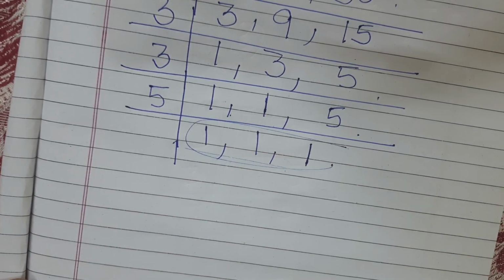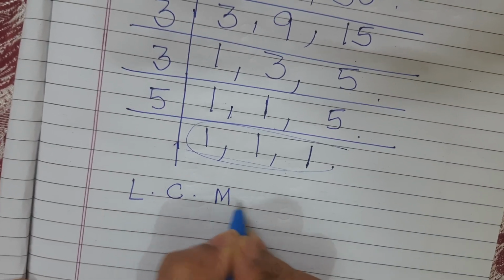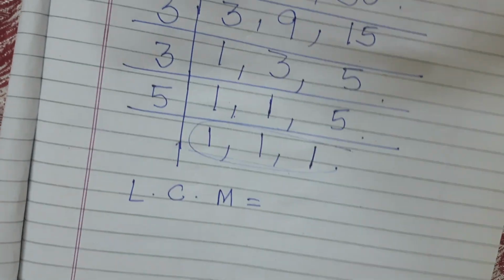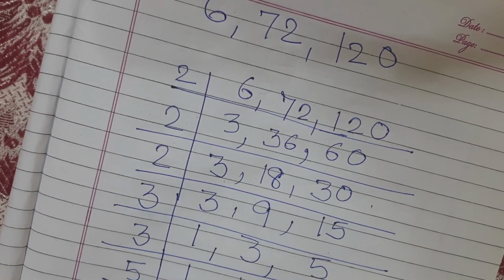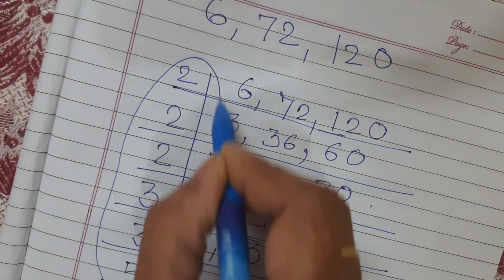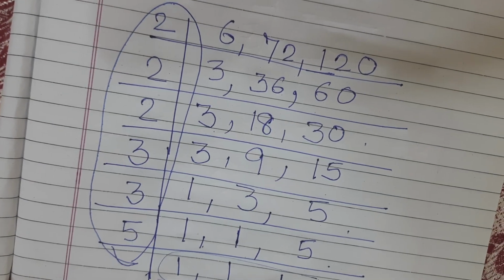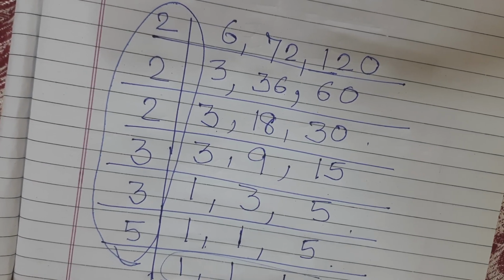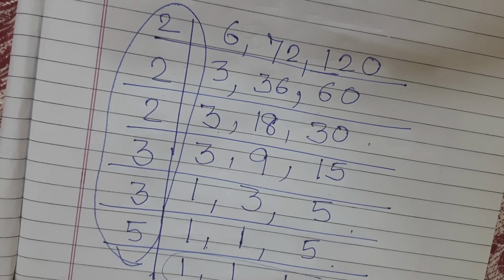Okay. Now I have only ones at the bottom. That is, I'm ready to take the LCM. So my LCM would be the multiple of all these. Starting from here till here, which is 2 into 2 into 2 into 3 into 3 into 5.